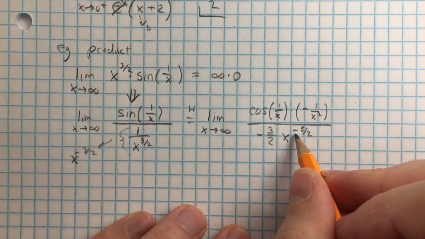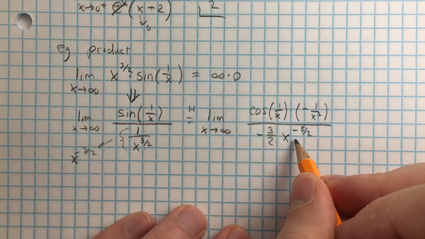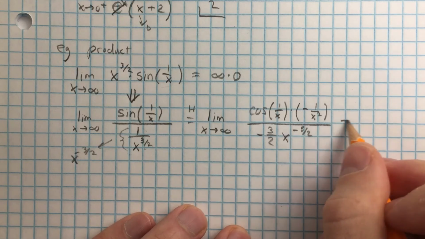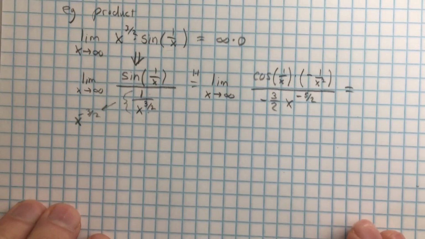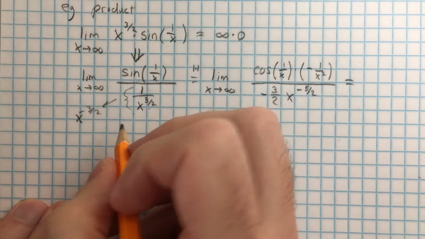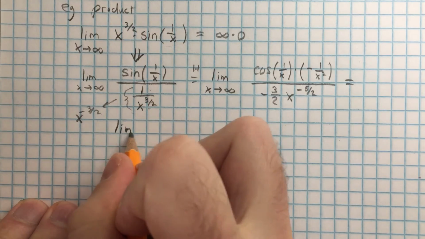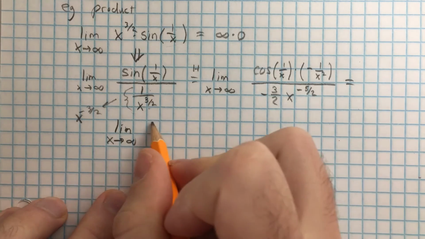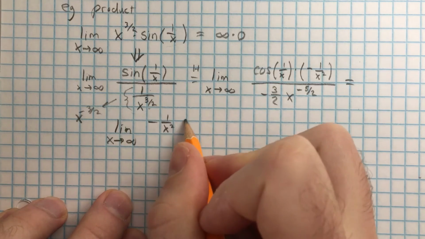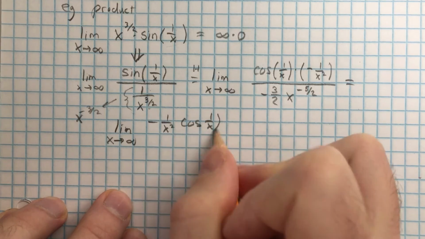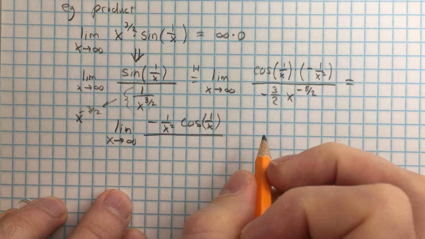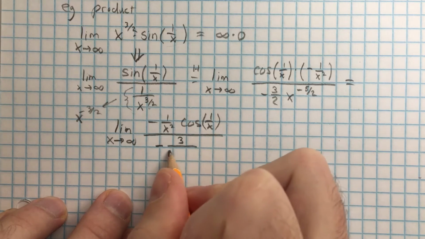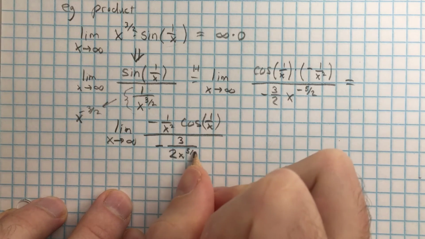So I'm going to rewrite this now that I've got the derivative handled. I'm going to rewrite this as x to the 5 halves in a denominator. So algebraically speaking, no L'Hopital's rule, just through a little bit of algebra here, we'll have the limit as x approaches infinity of negative 1 on x squared cos 1 on x over negative 3 on 2x to the 5 halves.